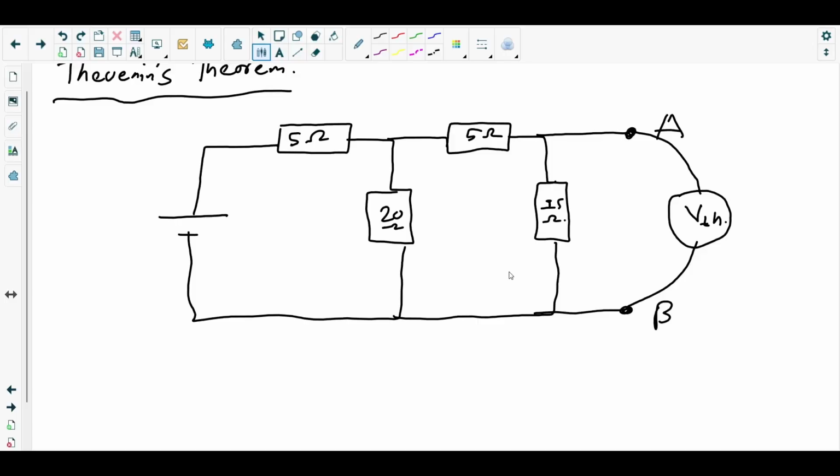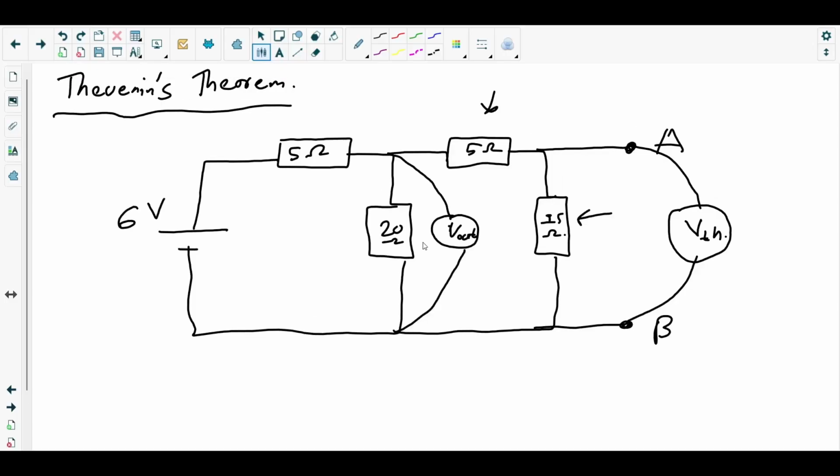So we will find out how much output voltage will be across the 20 ohm resistor. This is V out. Why across the 20 ohm resistor? Because the PD across the 20 ohm resistor will be given to the resistors on the right. That is the 5 ohm resistor you see here. It will get PD from the PD across the 20 ohm resistor. The 15 ohm resistor you see here will also get the PD from the 20 ohm resistor.